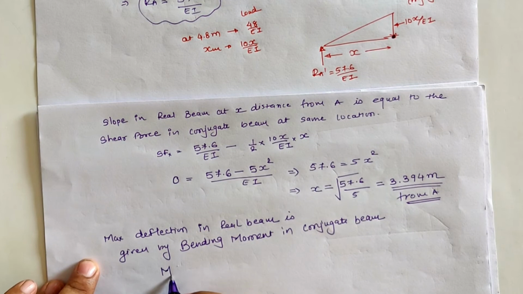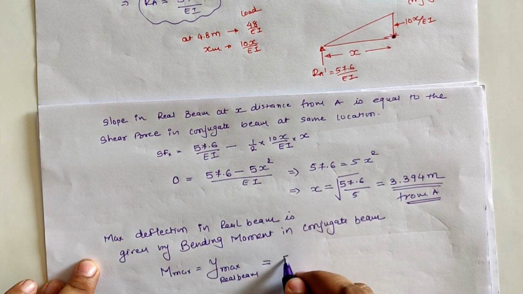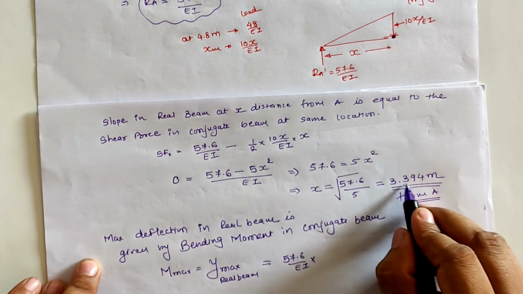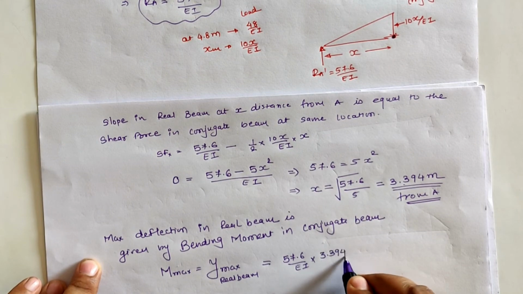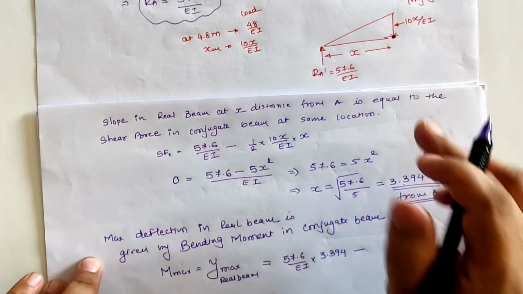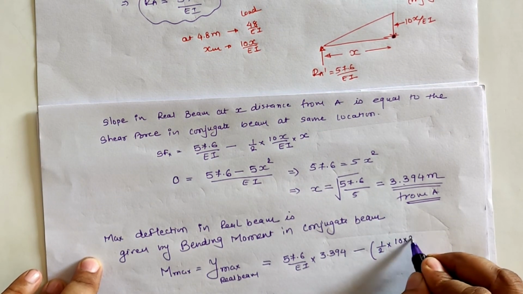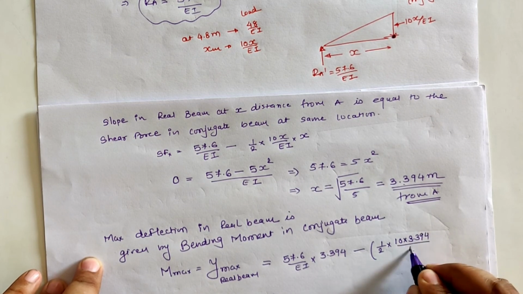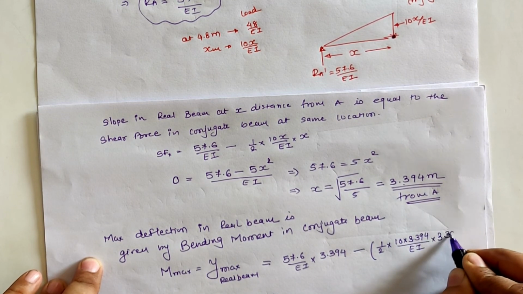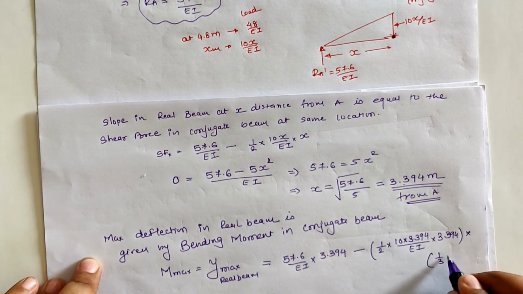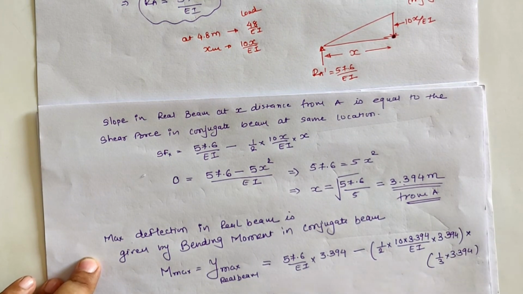We will have the maximum moment, which is equal to the maximum deflection in the real beam, which is 57.6 by EI into the total distance x, which is 3.394, minus, due to the anticlockwise moment of the UVL, 1/2 into loading of 10 into x, with x as 3.394, divided by EI, into distance 3.394, and the CG distance from this location is 1/3 of x, which is 1/3 of 3.394. Now let us calculate this value.